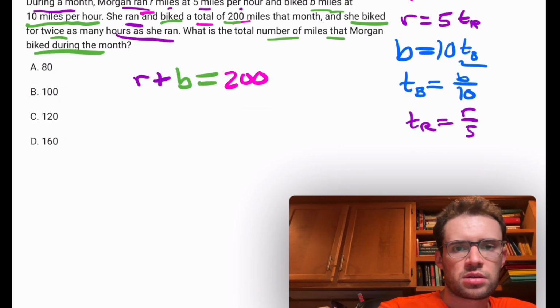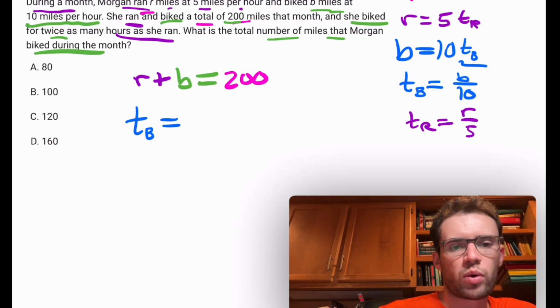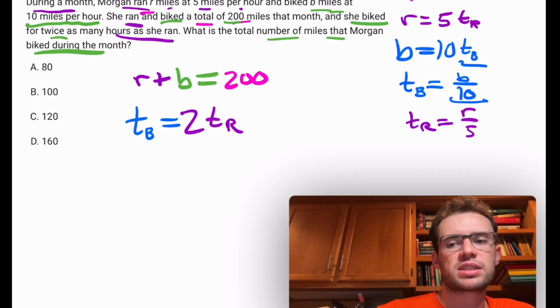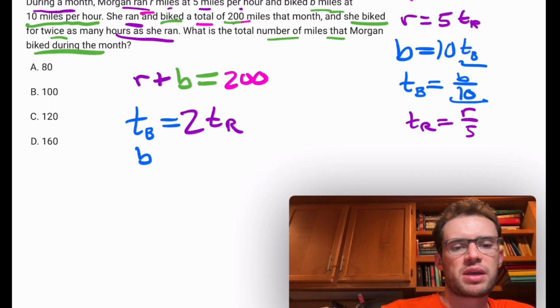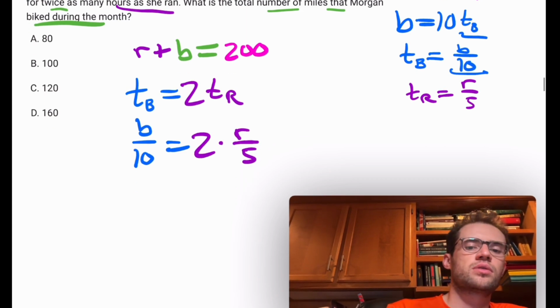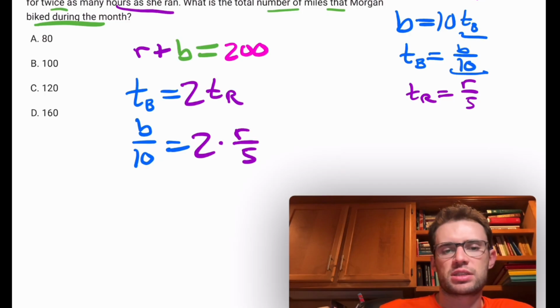The time biking is equal to twice as many hours as the running, so 2 times TR, and substituting in, you can say B over 10 is equal to 2 times R over 5. Okay, so that seems pretty good.